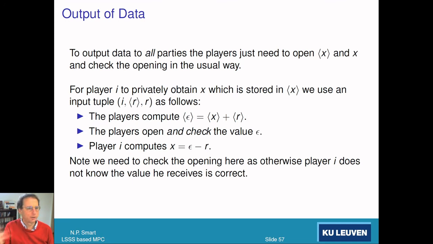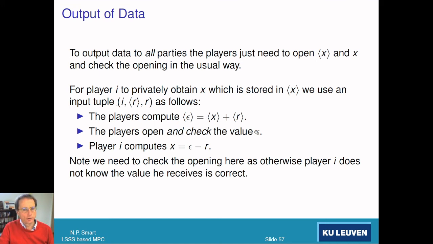Output of data works in kind of the opposite way. If we want to output data to one player, player I, say for example x, all players compute the sharing of x plus r for one of these input tuples.